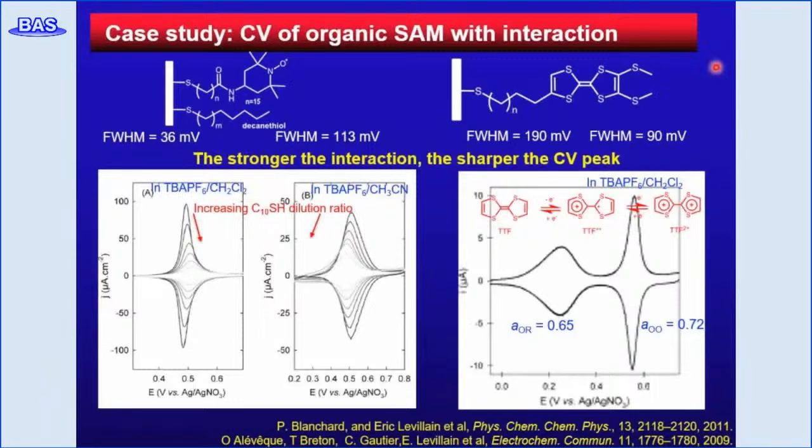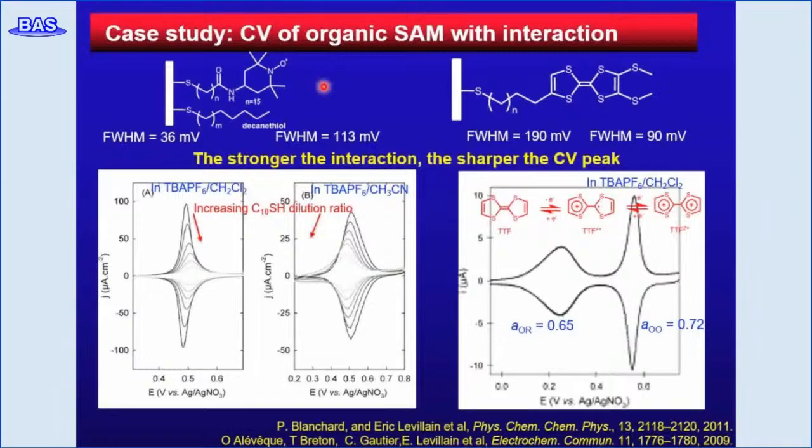First is the nitroxy radical SAM film on the gold surface. For oxidation of nitroxy radicals, dilution of the surface SAM film with simple alkyl chains was found to decrease the peak current and increase the peak half-width.